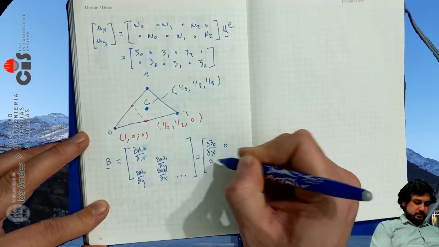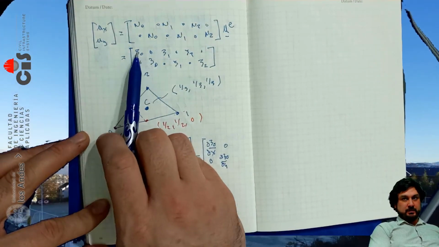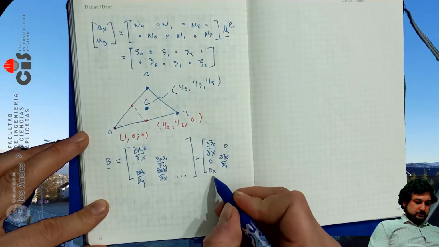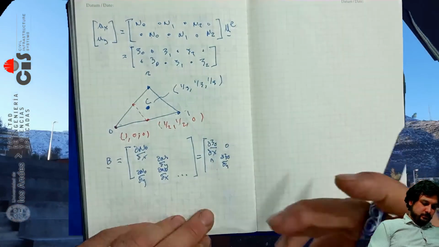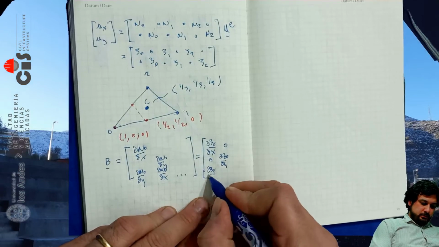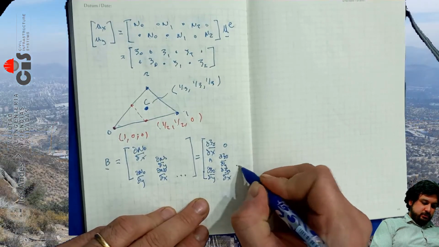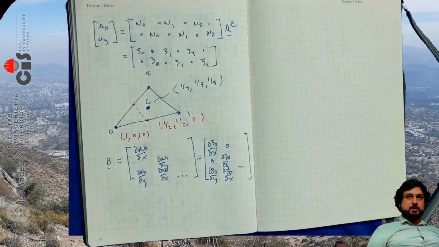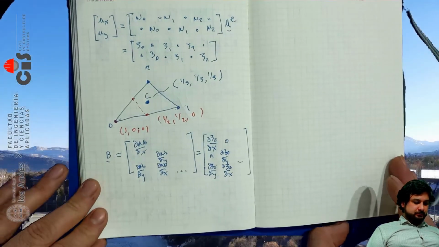So we're going to need the derivatives of the triangular coordinates with respect to the x's. This is dzeta0 over dx, and so on for the other nodes, the same structure. So how do we go about doing that? How do we get these derivatives?